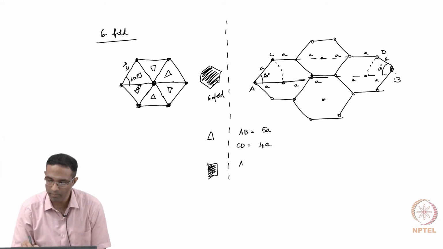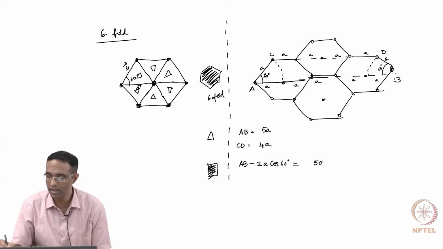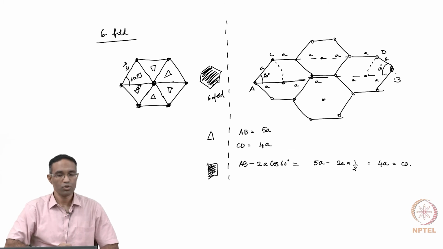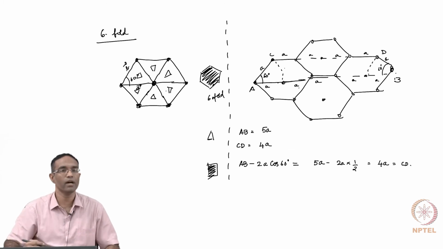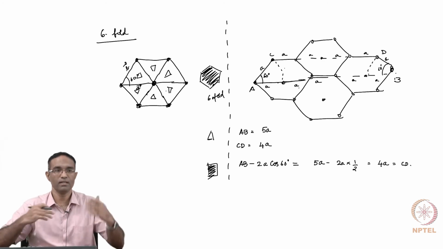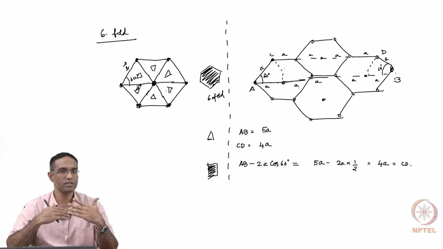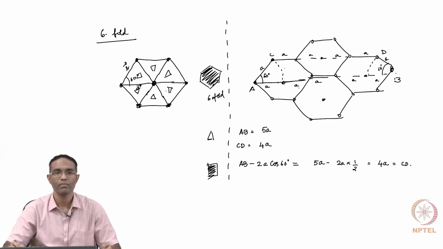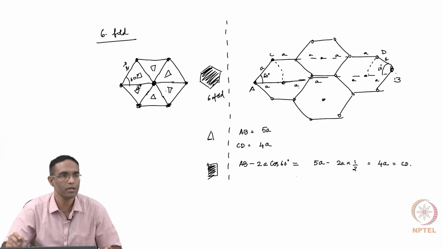You would do AB minus 2A times cos of 60 degrees, and that turns out to be 5A minus 2A multiplied by 1/2, and you get 4A, which is basically the distance CD. So you must have this sort of a behavior for any lattice. If you take points and subtract the differences of their lengths, it must result in some integral multiple times A. Some integral multiple must be there.